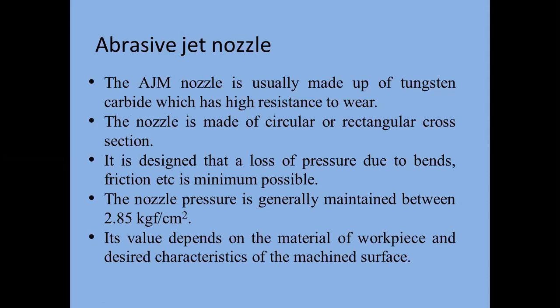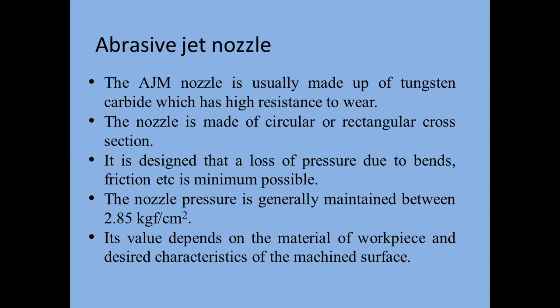Next, the abrasive jet nozzle. What does the nozzle do? Suppose the fluid or gas entering the nozzle at the larger end has a velocity of about 100 meters per second.